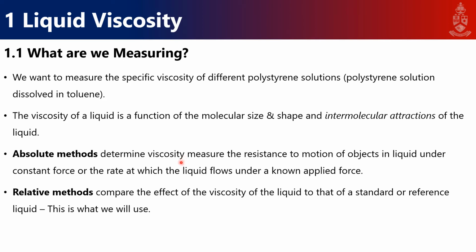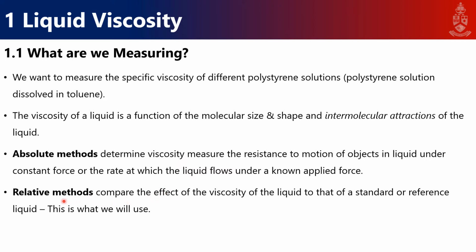So for example, you would have a ball connected to a string and you would pull it up through a vial of oil or something like that with a constant force, and you would measure the rate at different forces, and then you would determine the viscosity of the liquid.